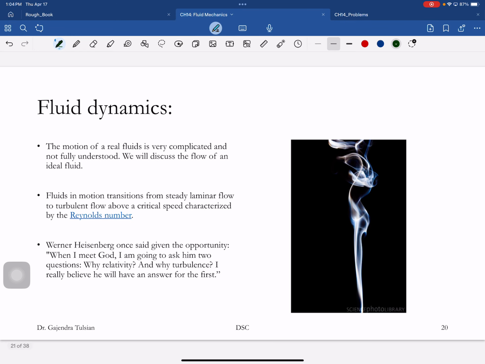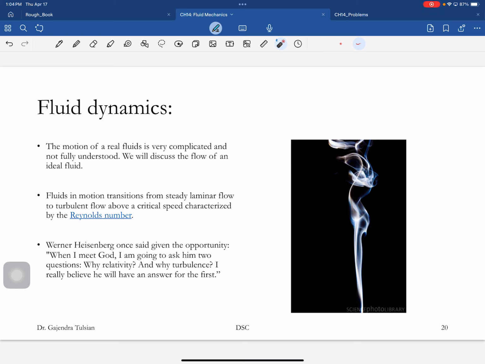So let's look at this. What do you think this is? Smoke rising from a cigarette. That burning cigarette tip was warming the air packet, and that air packet is rising. Since it's accelerating, it's going faster and faster. And what is happening? It's spreading out. So you see, this is laminar flow.